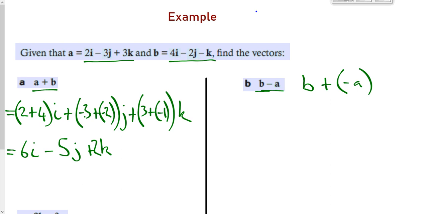With our coefficients, we've got B, so we're going to start with B. Remember, when we're subtracting, order is important. So let's start with B here, and we'll have 4. We're going to add the negative of our component. So the negative of 2 will be -2.